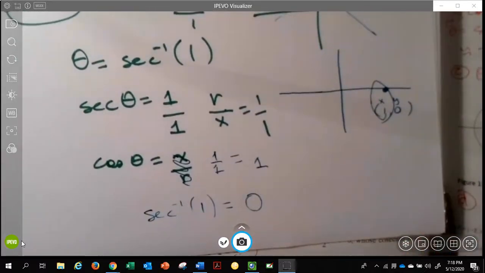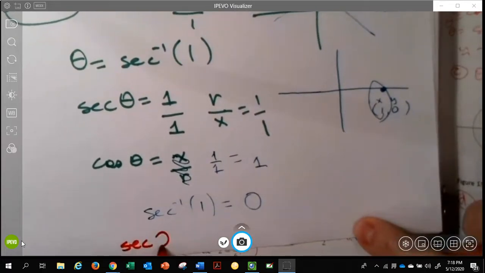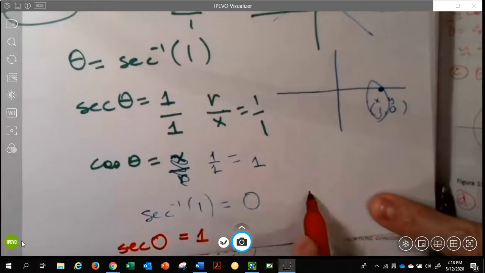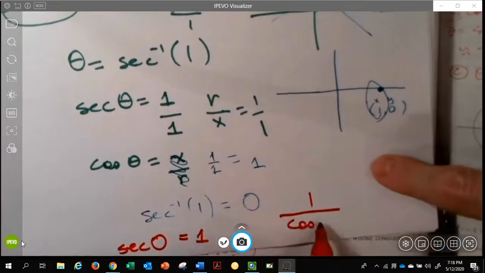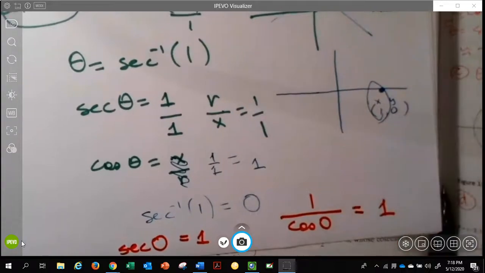Having said that, you also need to learn how to check your answers. To check our answers, we are supposed to be able to say that the secant of 0 is supposed to turn out to be 1. Or 1 divided by the cosine of 0 is supposed to turn out to be 1.